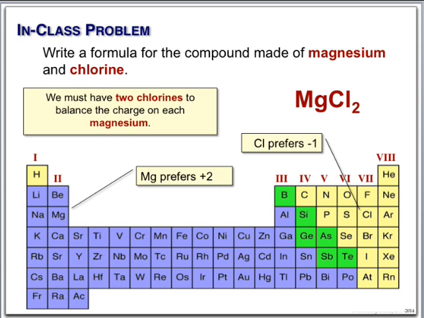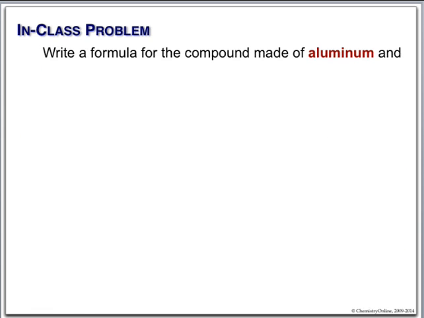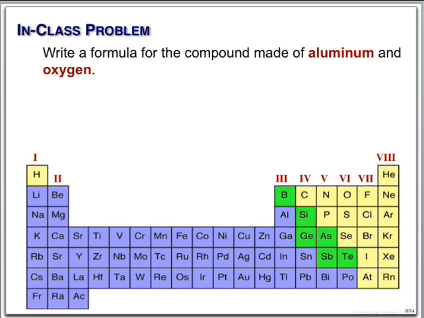Any questions? How about aluminum and oxygen? Find aluminum. Find oxygen. Well, aluminum lives here in group 3, doesn't it?